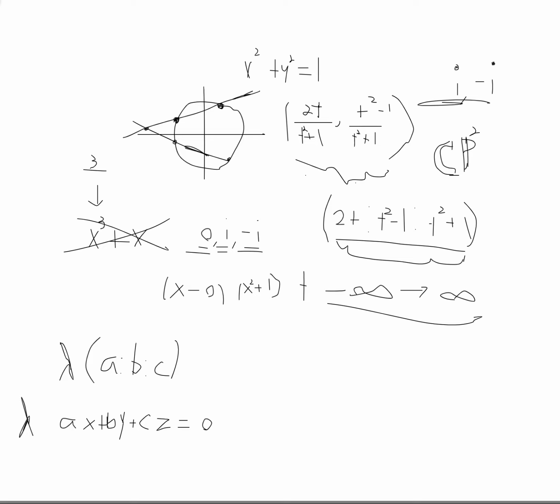And I should probably define CP squared here. When I say CP squared, I don't expect you to visualize it, because I'd be very surprised if you could. This is the complex projective space, which we denote as CP squared.